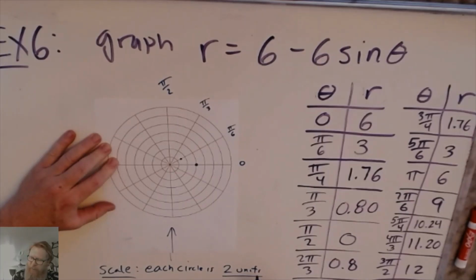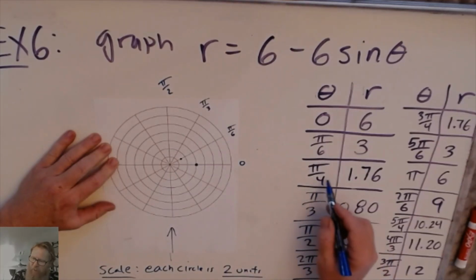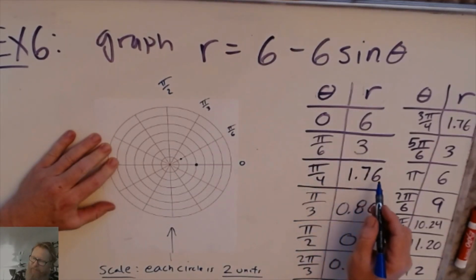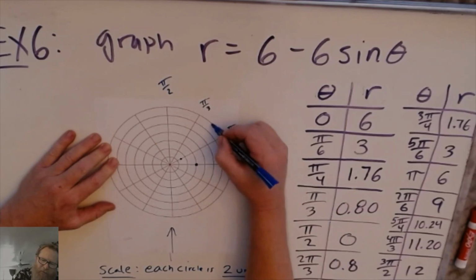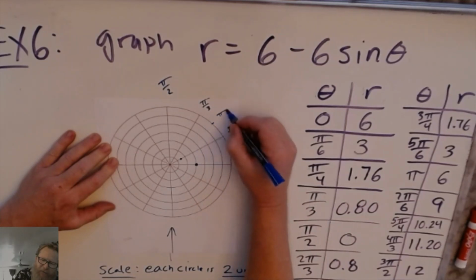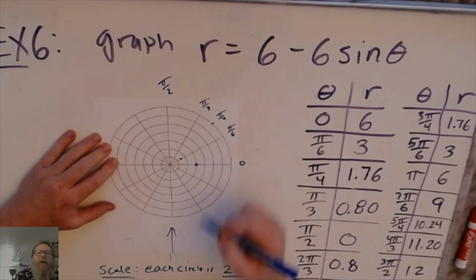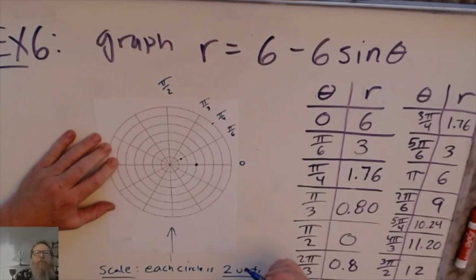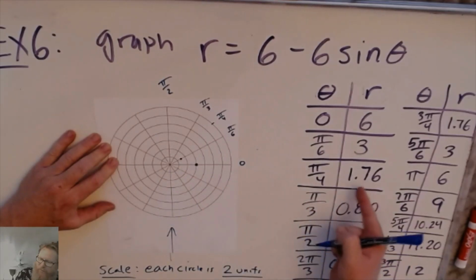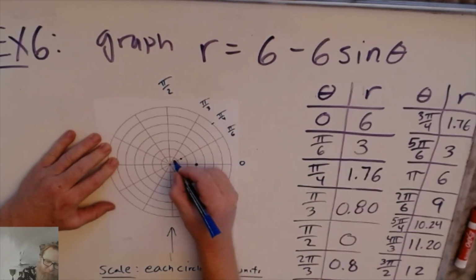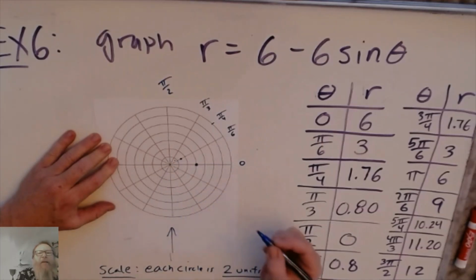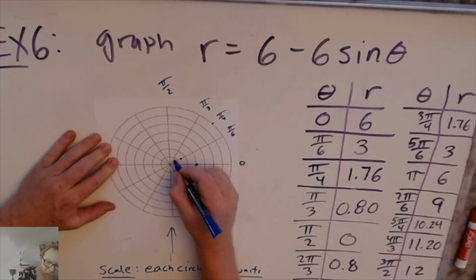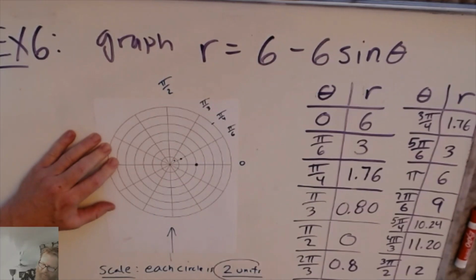All right, pi over 4 and 1.76. Ooh, pi over 4 would be kind of in here. Right in the middle of pi over 6 and pi over 3 is pi over 4. And 1.76, I might as well not even plot it, but I'll try to be right about there. You can barely see it because of my scale.